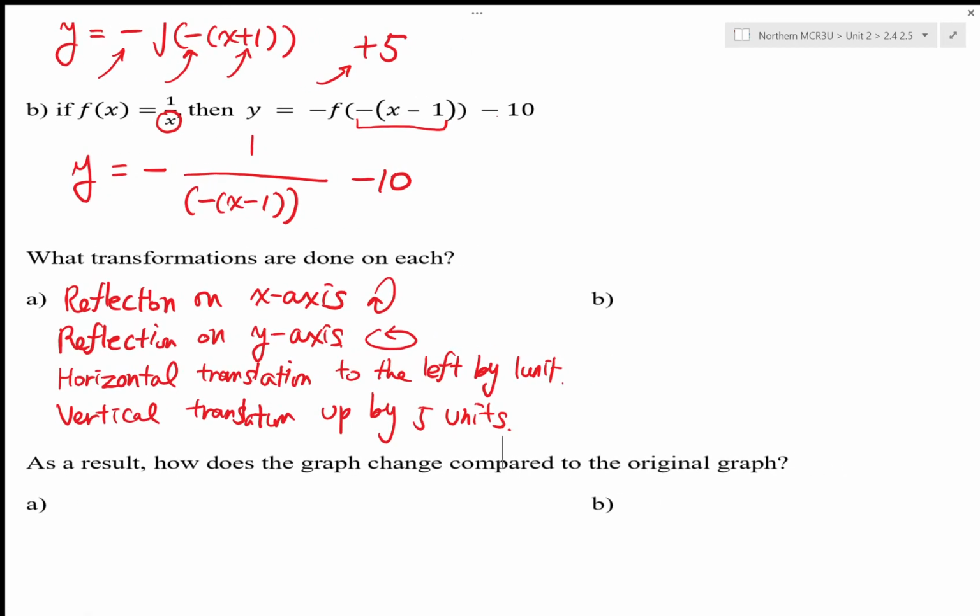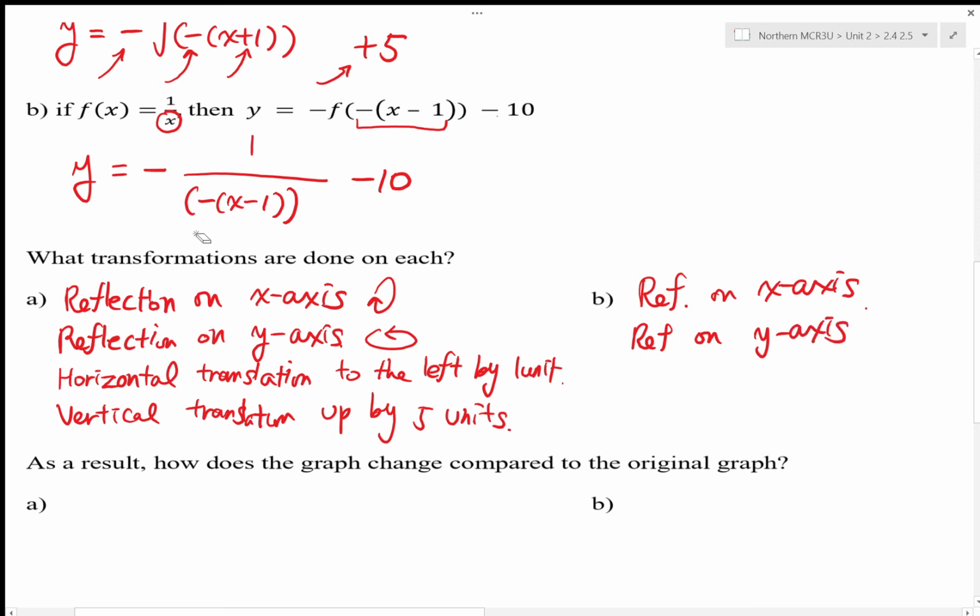Now, B, basically the same thing. I have negative in the very front, so that's going to give me the same. So reflection, I'll just put short form, on x-axis. I really want you to put the appropriate form on the test. I'm just putting the short form because I'm recording. I don't want the video to be too long. And then reflection on the y-axis. That's because we have this negative right in front of the x, this -2.